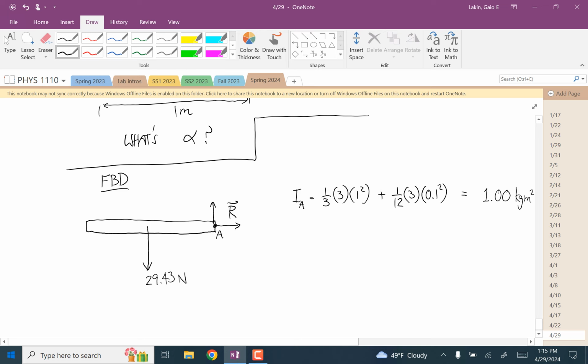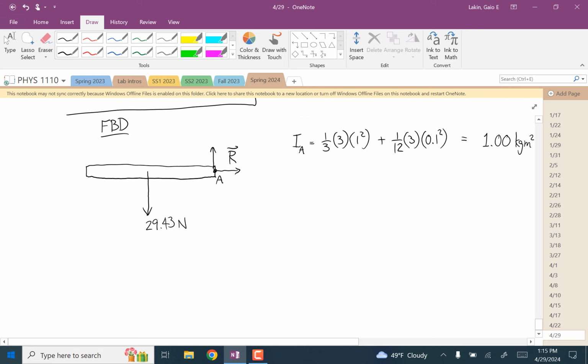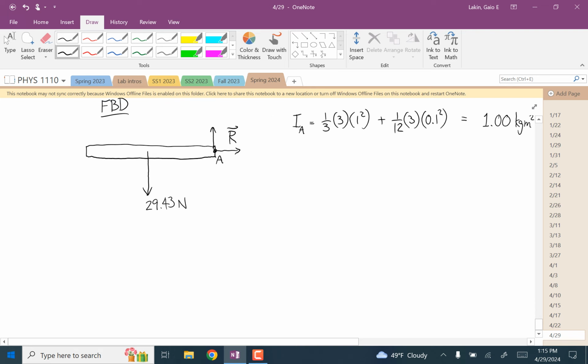Okay? And now we have to think about the moments produced by each one of these forces. What about the force R? Well, we don't know what the magnitude is, but it doesn't matter because the distance from R to the fixed point is 0. So this is some force R times 0, and it's just equal to 0. And now let's do it for the weight force. So this is the moment produced by mg.